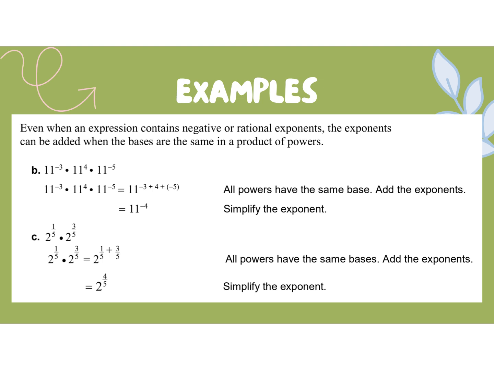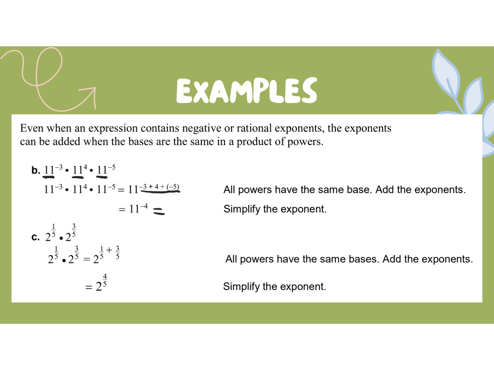Now, the exact same thing works if I have negative or rational exponents. With negative exponents, as long as they're being multiplied, you can add the exponents. So 11 to the negative 3 times 11 to the 4 times 11 to the negative 5 gets you 11 to the negative 3 plus 4 plus negative 5. When you add all of those together, going from left to right, you get 11 to the negative 4.